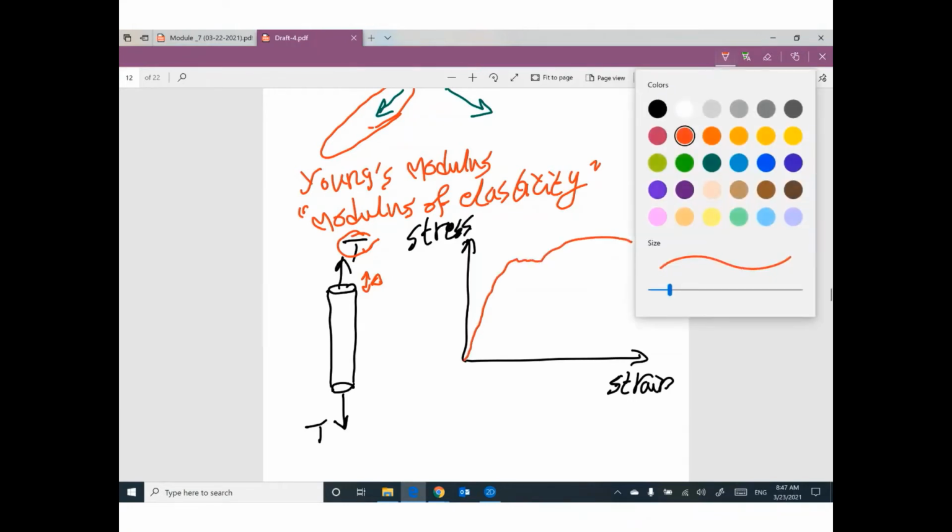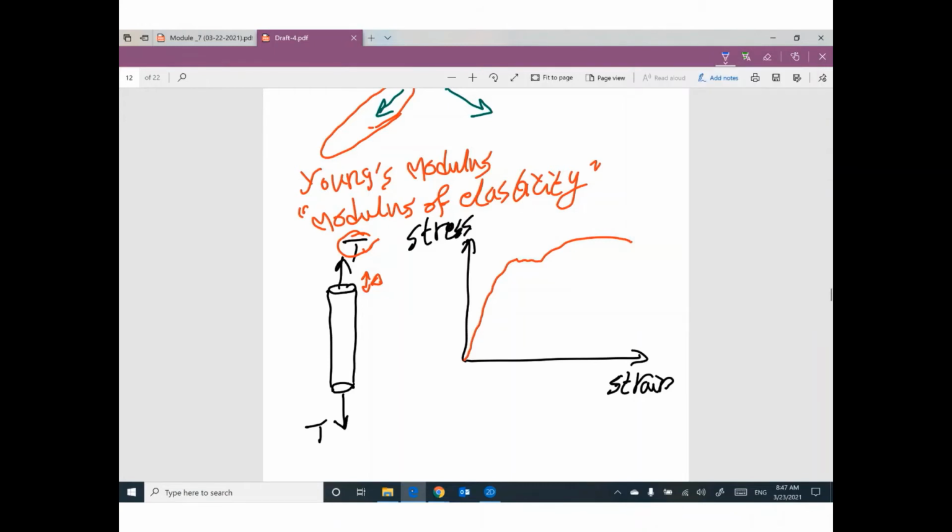We learned in mechanics of material that the relationship between strain and stress for steel looks like this. We have initially a linear relationship. This linear relationship is in the elastic region. This line has a slope. This slope can be called modulus of elasticity or Young's modulus, E.